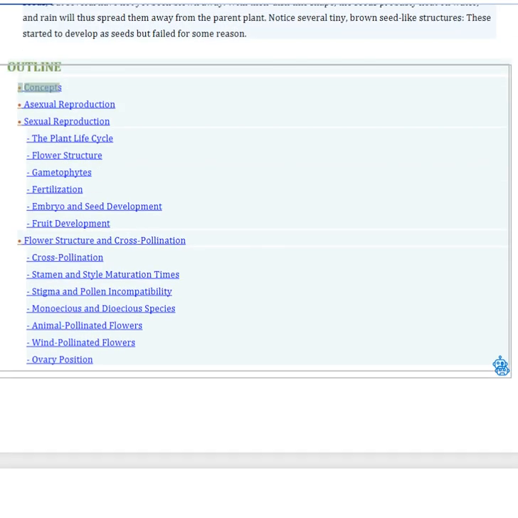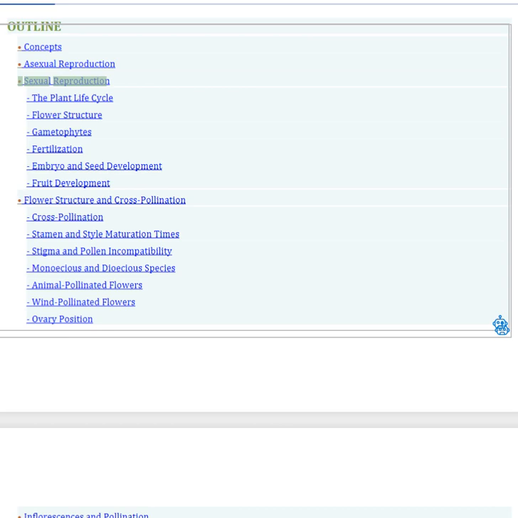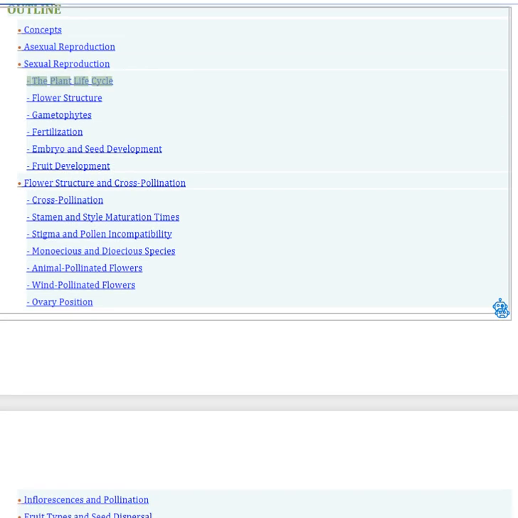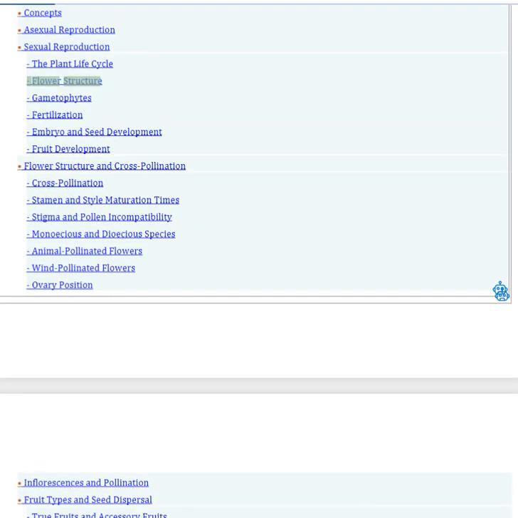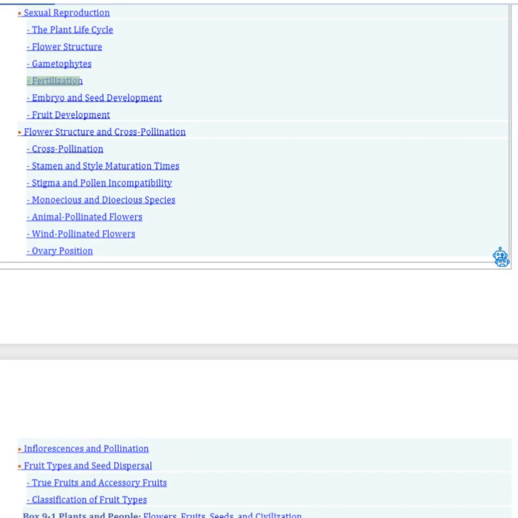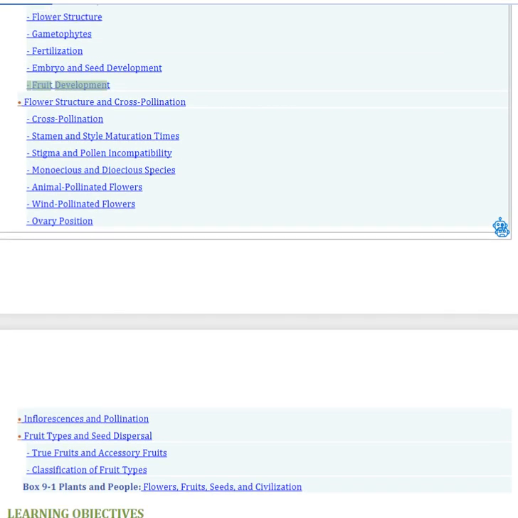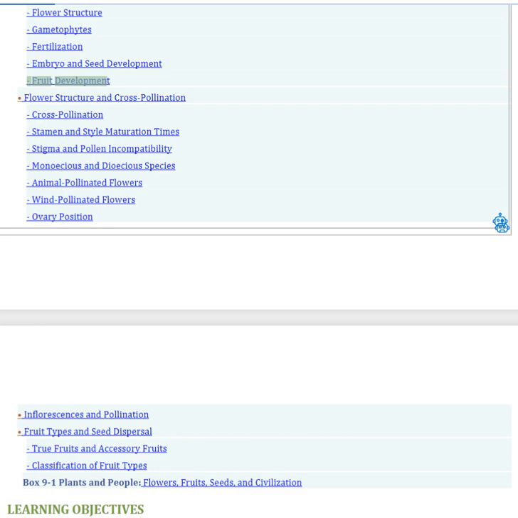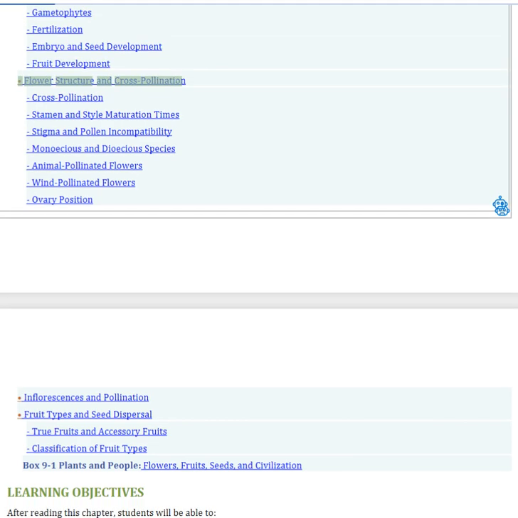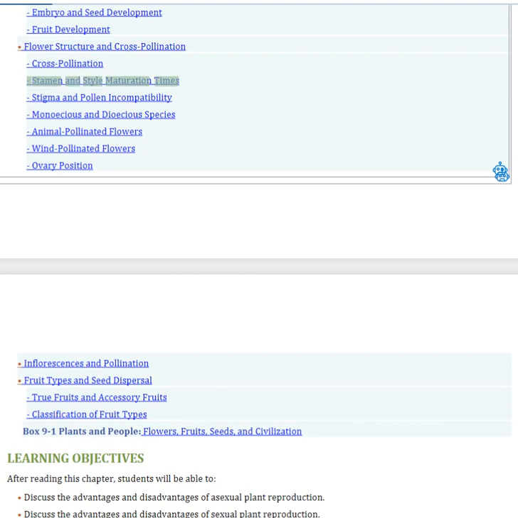Outline. Concepts. Asexual reproduction. Sexual reproduction. The plant life cycle. Flower structure. Gametophytes. Fertilization. Embryo and seed development. Fruit development. Flower structure and cross-pollination. Cross-pollination. Stamen and style maturation times.